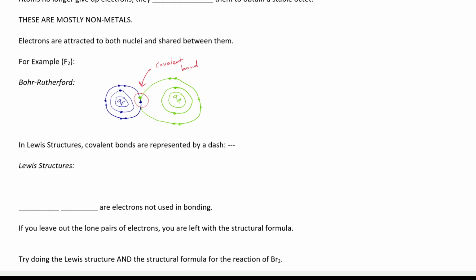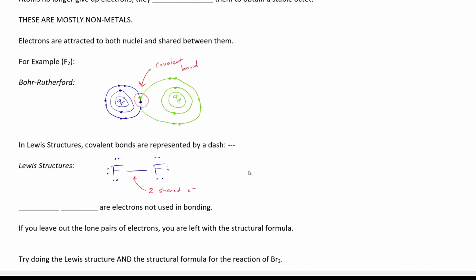And so in a Lewis structure, for example, we do the fluorine here. We show its valence electrons, right? And then we show the 2 electrons bonded together as represented by a dash. So this dash represents the 2 shared electrons.